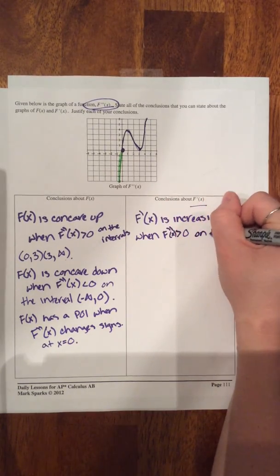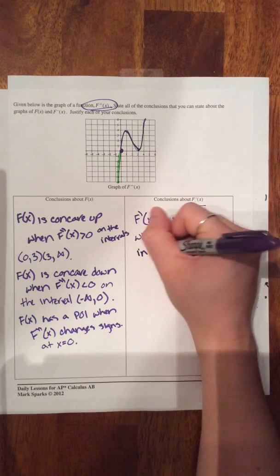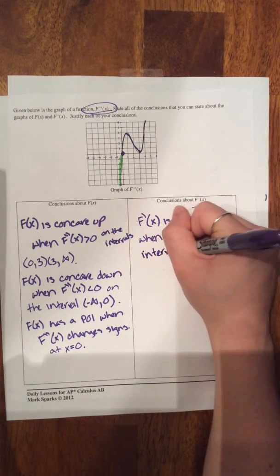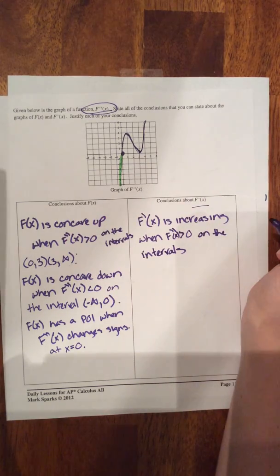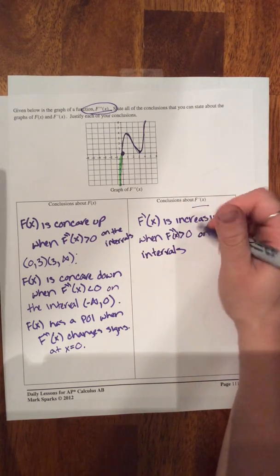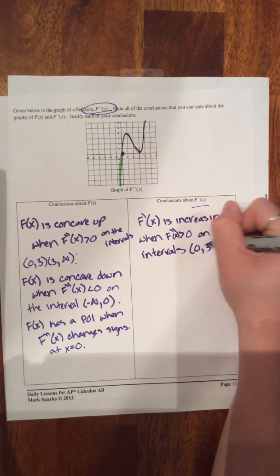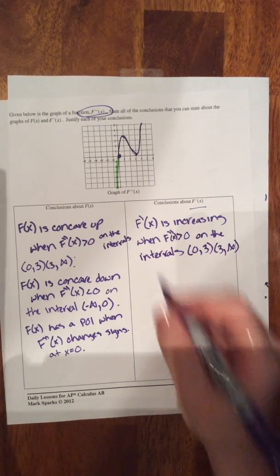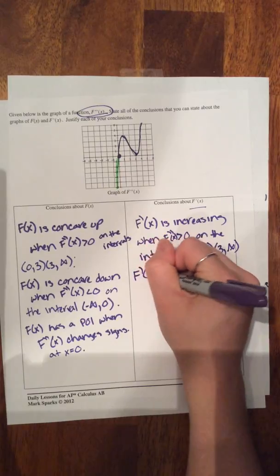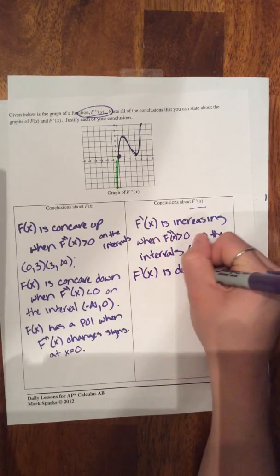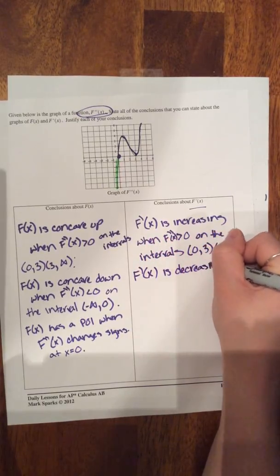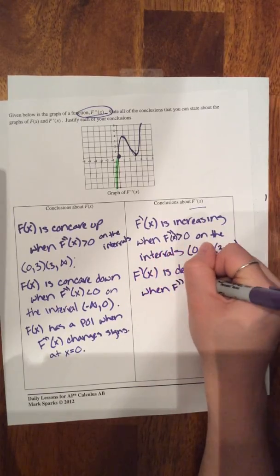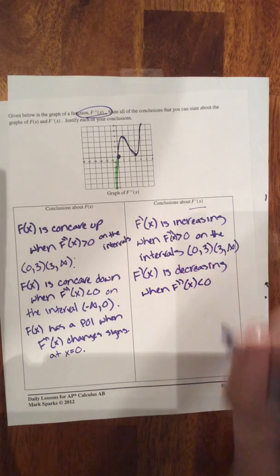So this happens on the intervals, so it's actually the same place as what's happening over here, because it's still when f double prime is greater than 0. F prime of x is decreasing when f double prime is less than 0.